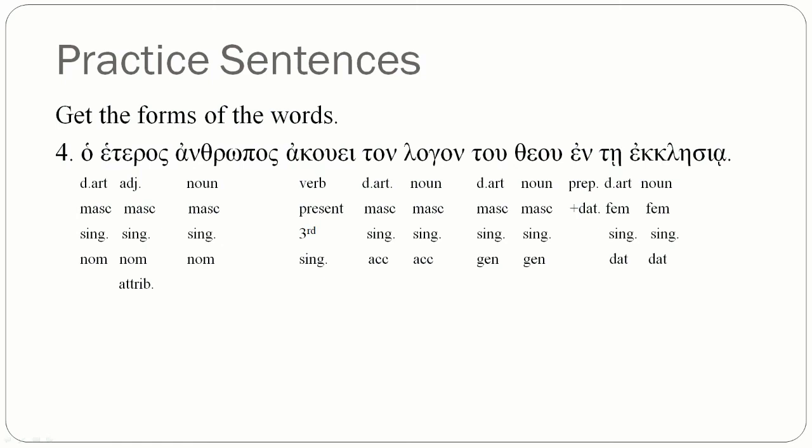So do not translate this like a dative. This is only the object of the preposition. Okay, so you have preposition, article, noun. The article and the noun are both feminine singular dative. They are dative because en only takes its object in the dative.